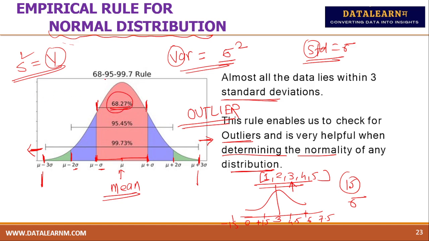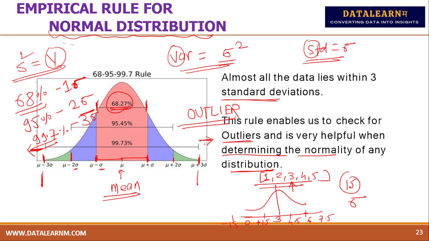68.27%. Generally, it is the 68, 95, 99.7 rule. If 68% of data is lying within 1 standard deviation, 1 sigma, 95% of data points are lying within 2 standard deviations, and about 99.7%, so approximately 100% of data is lying within 3 standard deviations, we can say your data is following a normal distribution, and you can determine the normality of your distribution.